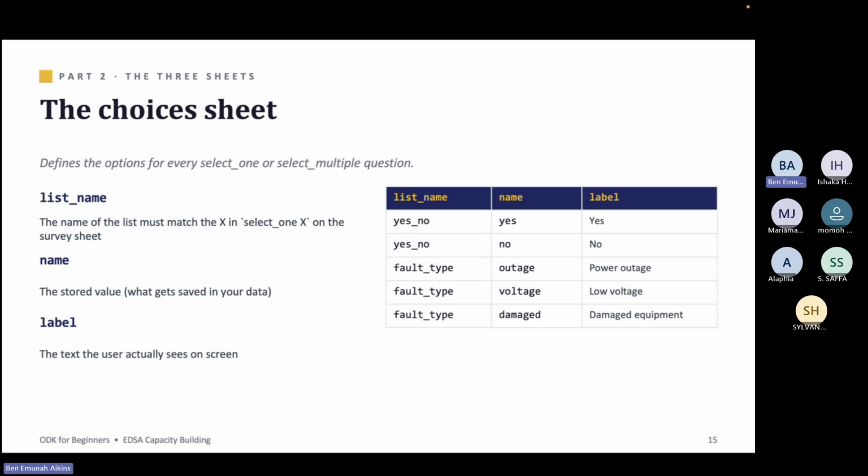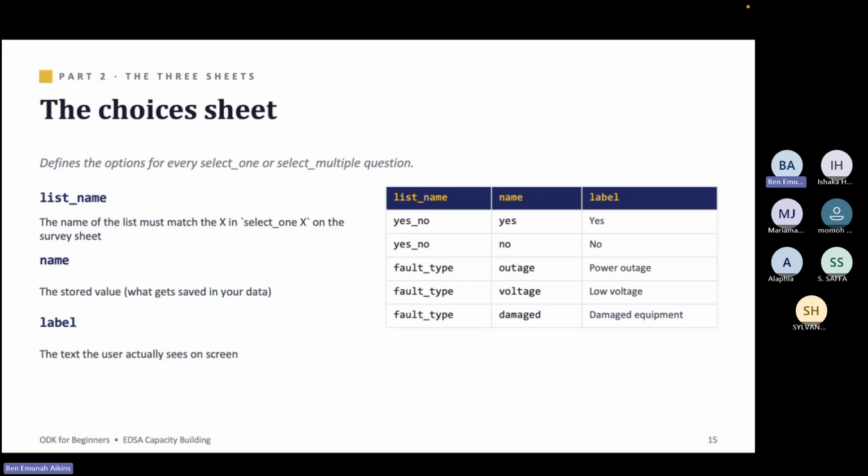So in that case, I need to define all these 3. These 3 will come with the same list name because they are in the same group. So we can call the list name P station, and we are going to repeat P station 3 times.